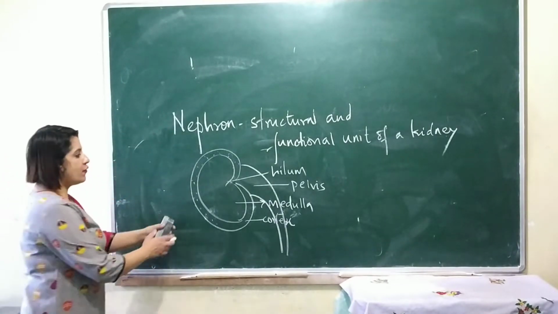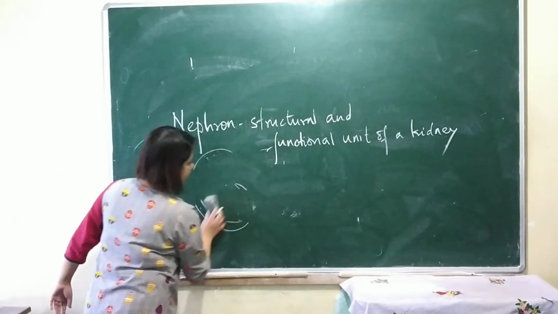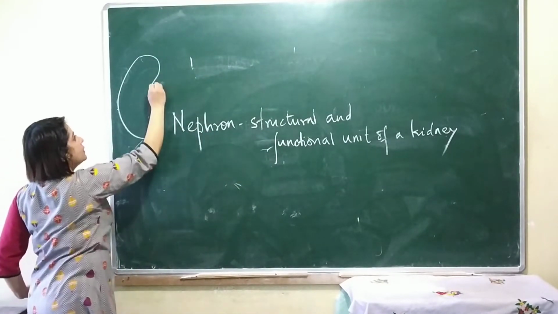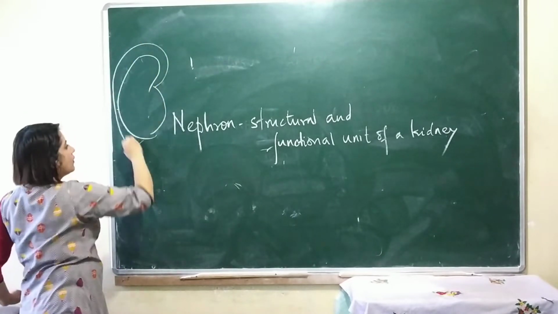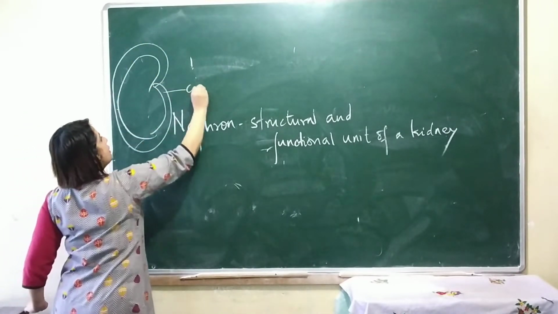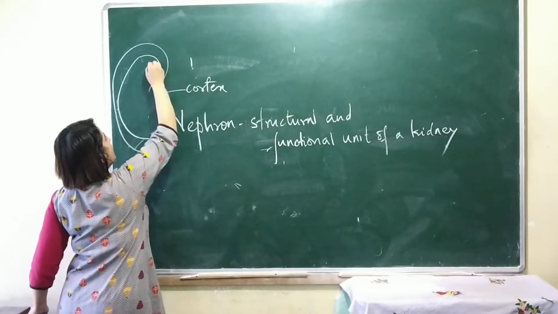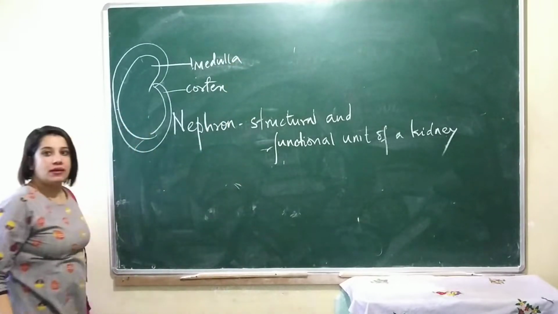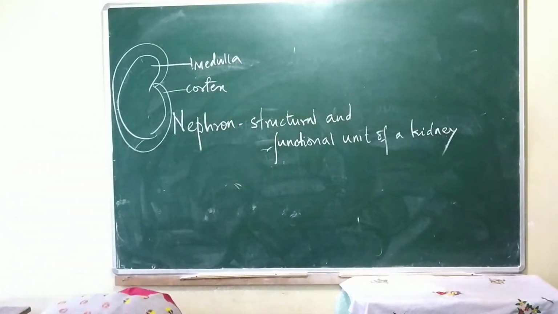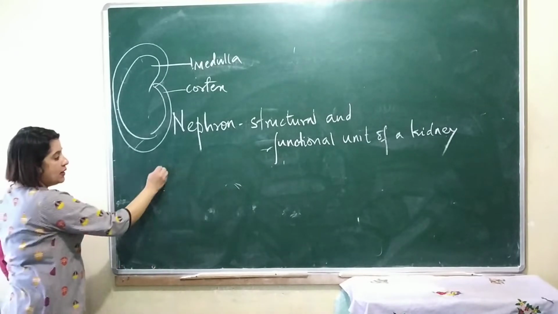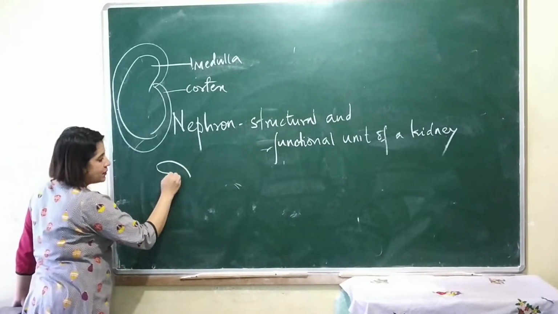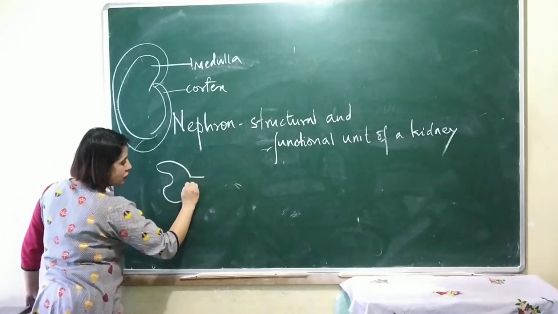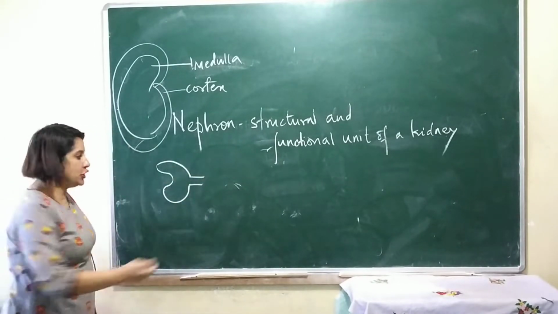So, what does a nephron look like? Okay, I'll draw the structure here because we'll be needing it. This is the outer darker region called cortex, and this is the inner lighter region called medulla. Now, the nephron has a cup-shaped structure which is followed by a coiled tube.